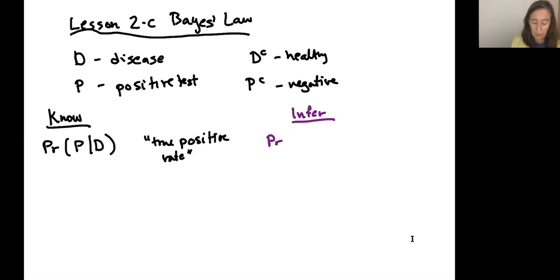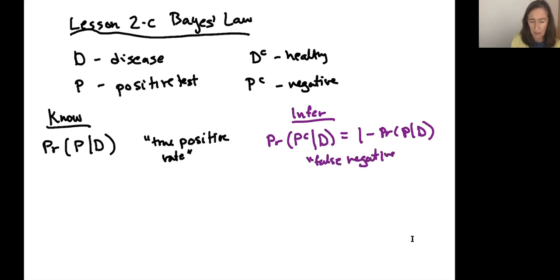We can infer the probability that the test is negative given that the person has the disease, because this is 1 minus the true positive rate, 1 minus P of positive conditional on D. Thinking about that in terms of the phrases that we use in medical testing, this would be the false negative, right? We're in the world where the person really does have the disease, but the test is telling us that it's negative.